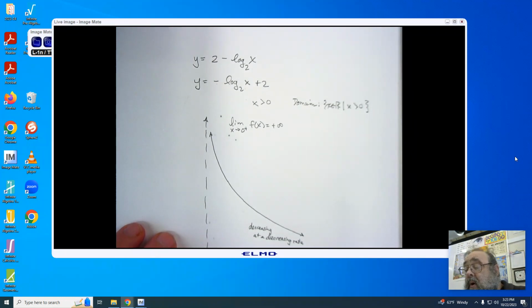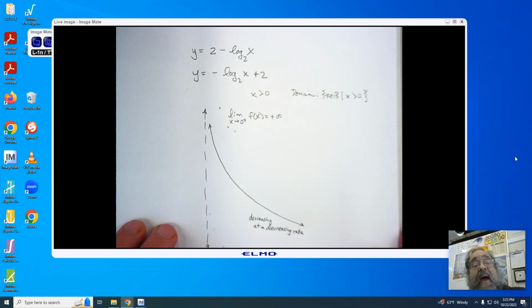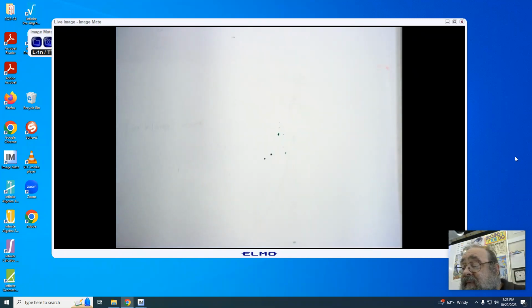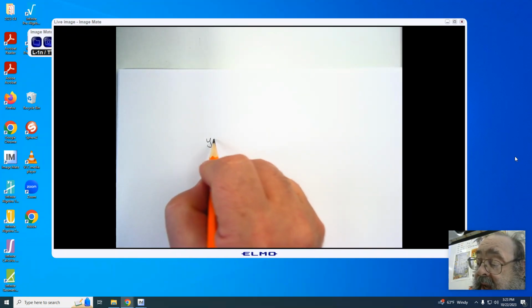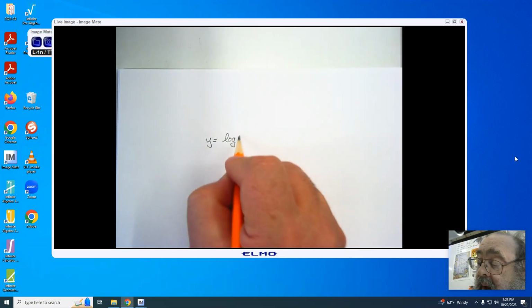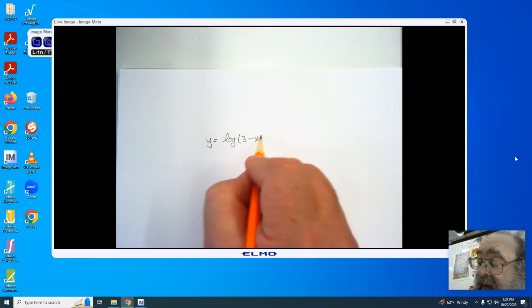Alrighty. Now, in order for us to have a value that's less than a number, we're going to have a negative x. Let's take a look at a situation where we have a negative x. Let's take a look at y equals log base 10 of 3 minus x.